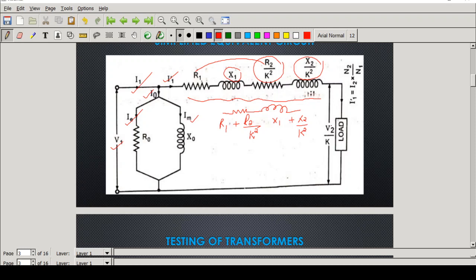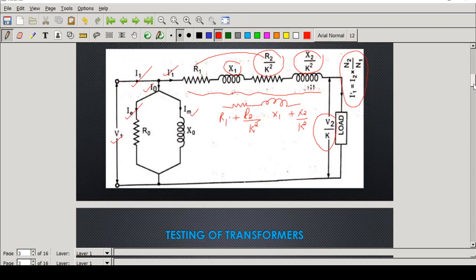Okay, now here the voltage is V2 by K, which is V2 dash, that is the voltage of secondary referred to primary. Now what about the current? Current I2 referred to primary will be K into I2. Okay. Now next step is how you can determine all these parameters.